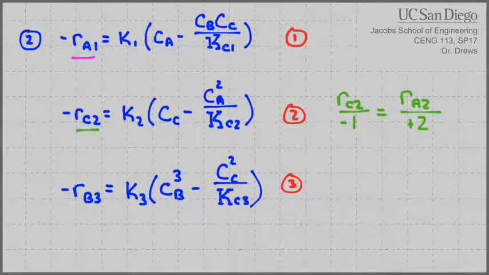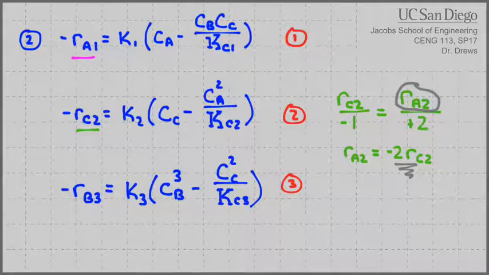So this is the one that I'm after here. And so now I see from this stoichiometry that if I want to write the rate of A in reaction 2, it's going to be equal to -2 rate of C2. That's the term that we're going to end up writing in the next step. So the first sub-step of step 3 was figure out, does that species occur in the reaction that you're interested in?